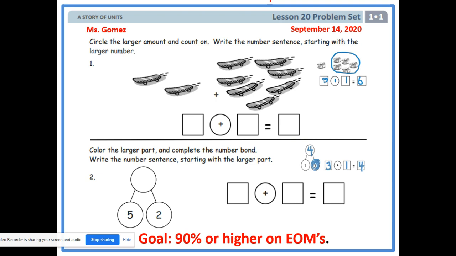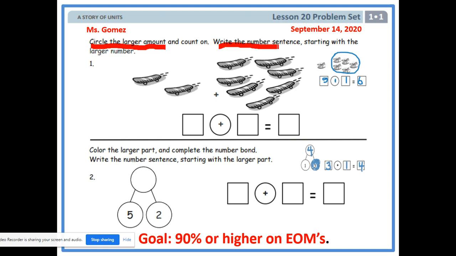Awesome. So at this point, you should have already written your heading. And we're going to solve the first problem together. Ready? Let's read the instructions, boys and girls. It says circle the larger amount and count on. So we're going to have to circle the larger amount. That is very important. And we're going to write a number sentence.